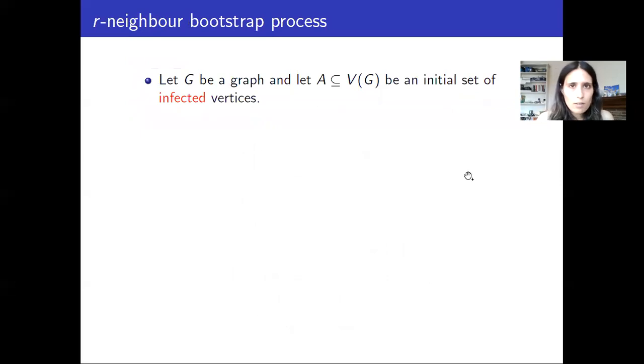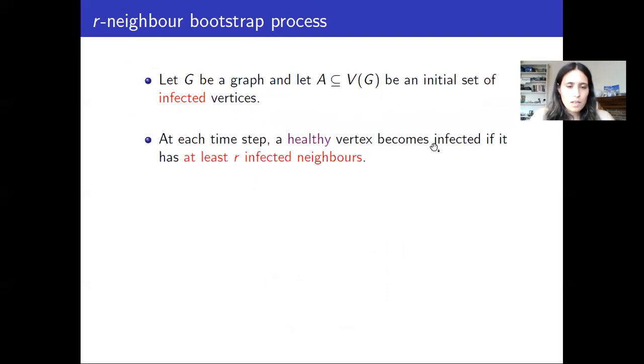So I'm going to now more formally define for you this more general family of processes that you can think about on any type of graph. So let G be a graph, and we'll have some initial set of vertices, which we'll call A. So now what does the R-neighbor bootstrap process do? Well, at each time step, a healthy vertex will become infected if it has at least R infected neighbors.